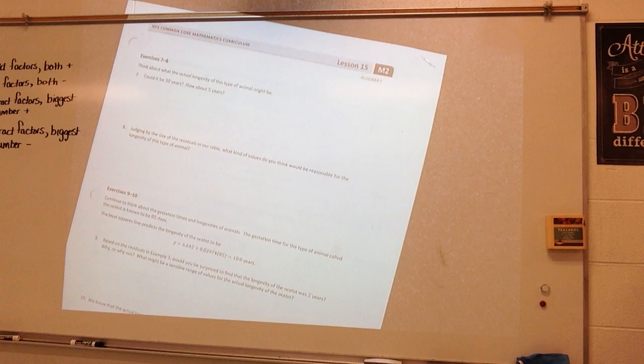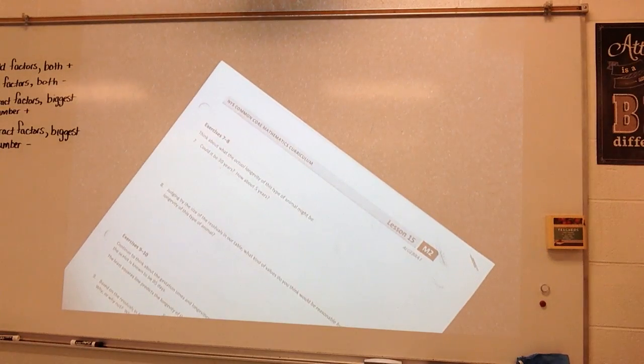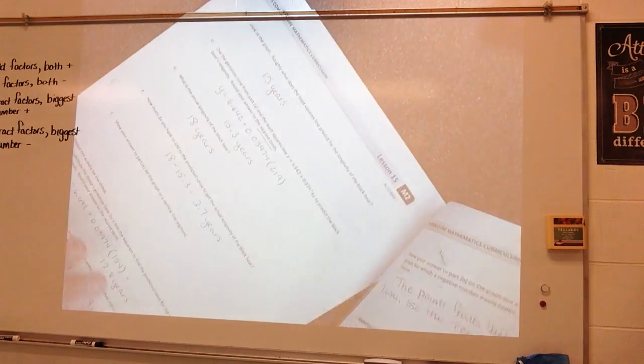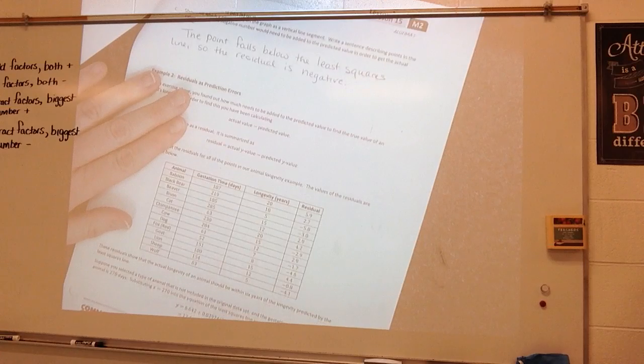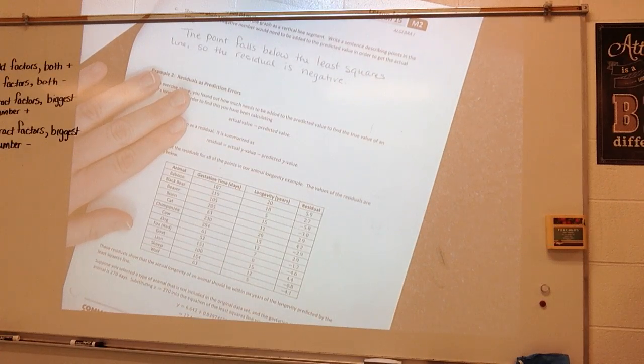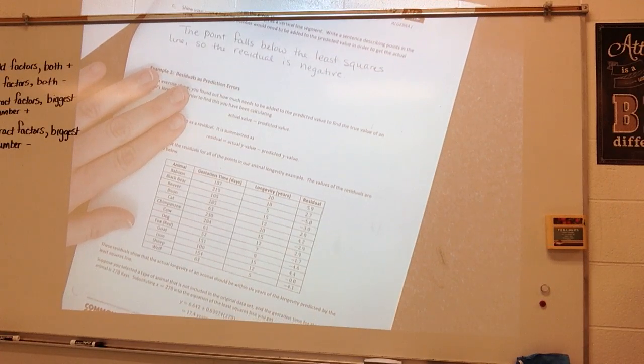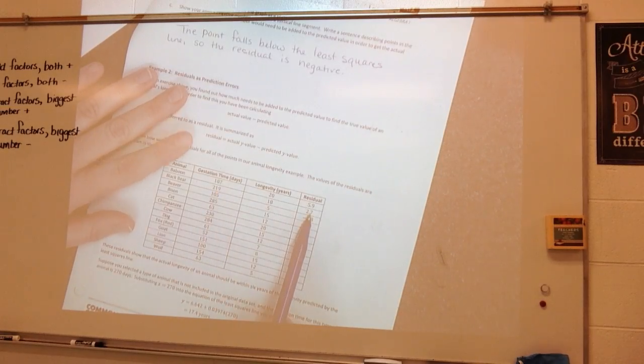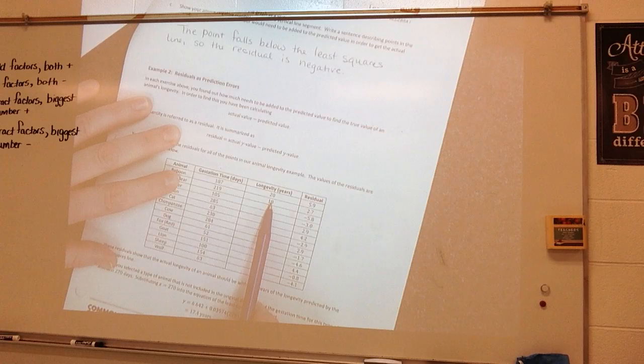Could it be 30 years? How about 5 years? Well, let's go back and look. So we are looking at a gestation time of 270 days. Well, we've got the black bear is 18 years.